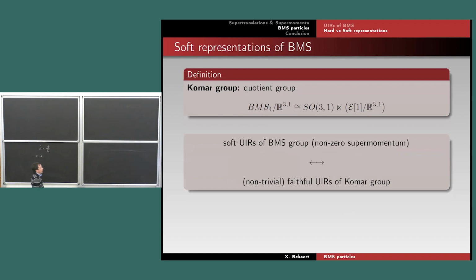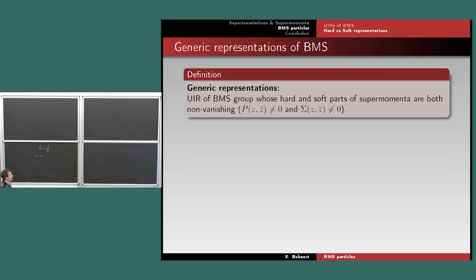But if you do the same logic for the BMS now, since translations act trivially, in practice the soft representations of the BMS group are really faithful representations of this quotient group, that was called the Comar group by McCarthy. We have not studied them in detail, so this is worth investigating exhaustively. We really looked at the generic representations, where the hard and soft parts are non-zero.